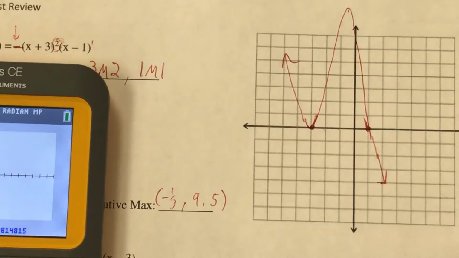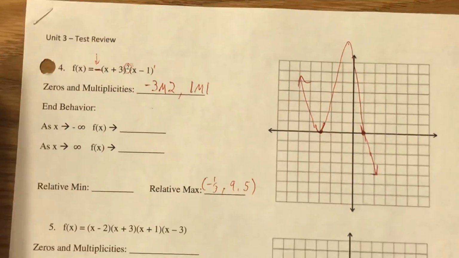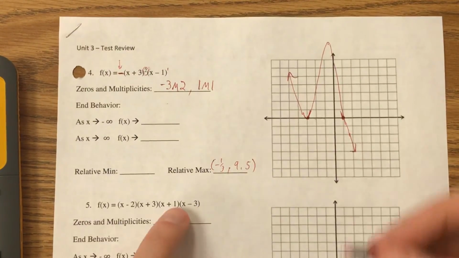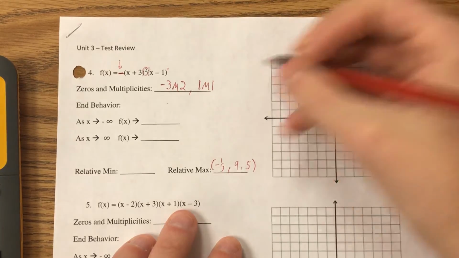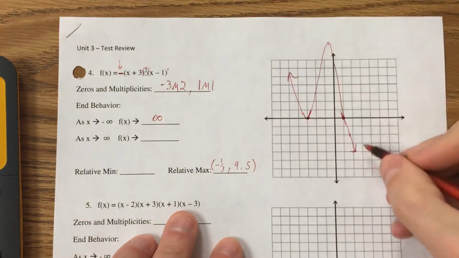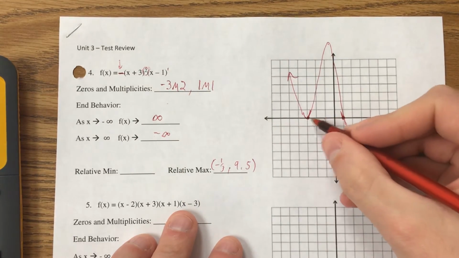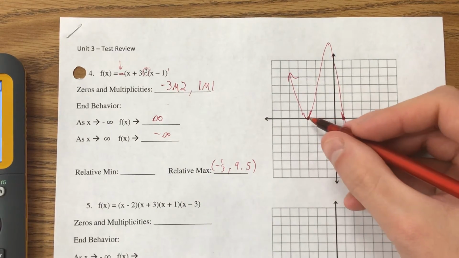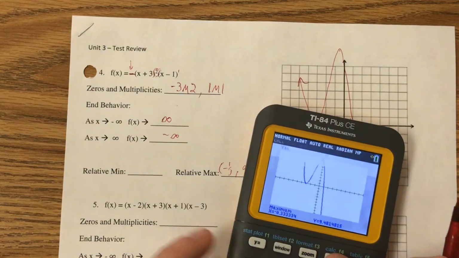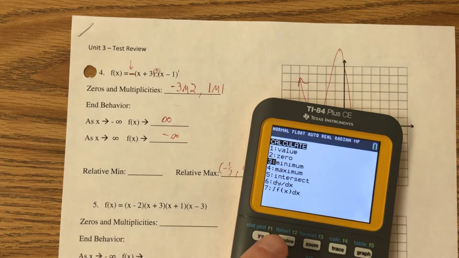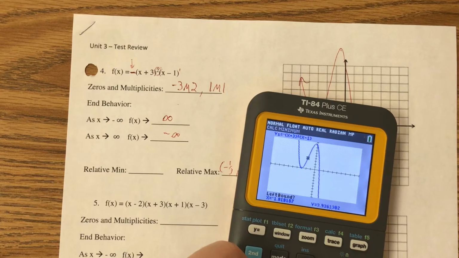And there we go. It's beautiful, isn't it? So this side is going up to positive infinity. This side is going down to negative infinity. And this relative min, I can tell it's negative 3, 0. If you're just in that zone, you just got to use your calculator.